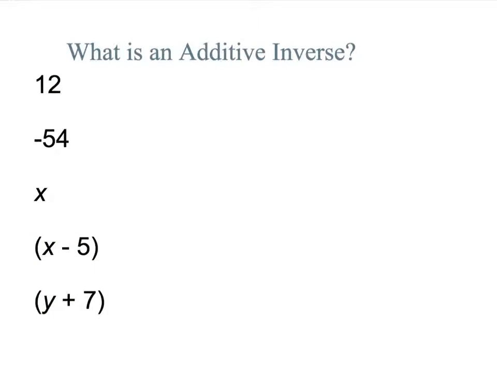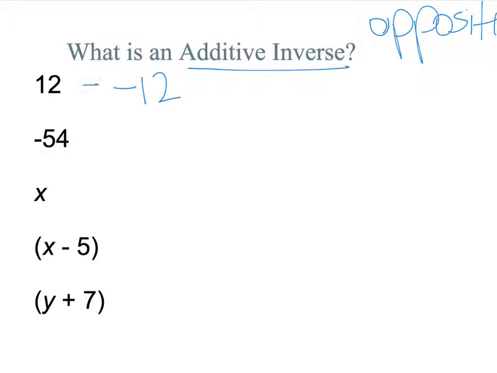So before we can jump into factoring by grouping when we don't have quite identical common factors, we need to understand what an additive inverse is. You probably have heard this term before, but we need to remember that the additive inverse is like the opposite. If I were to ask you the opposite of positive 12, you would easily come up with negative 12.